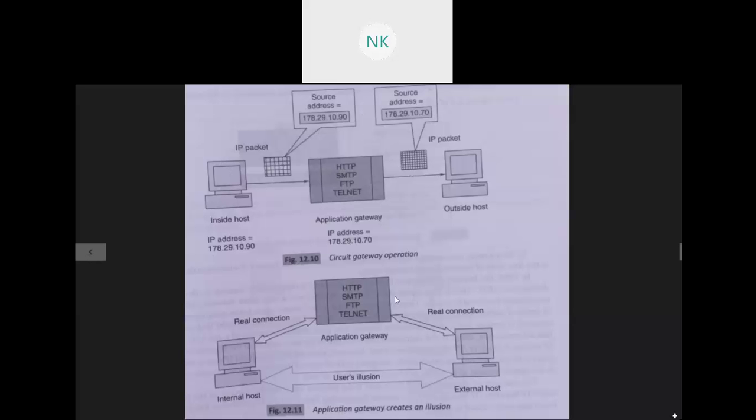This way the IP address of the user's computer is hidden from the outer world. Clear or not? It's a very simple one.